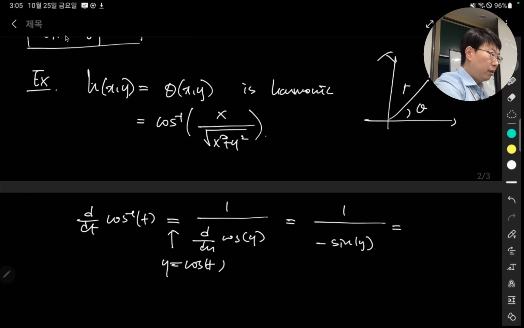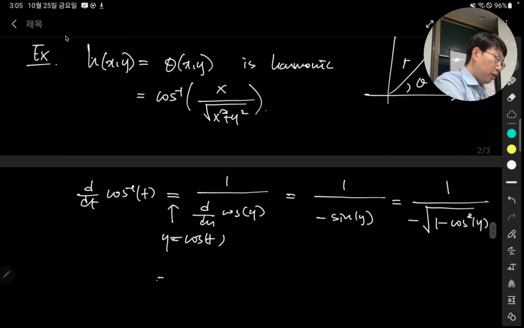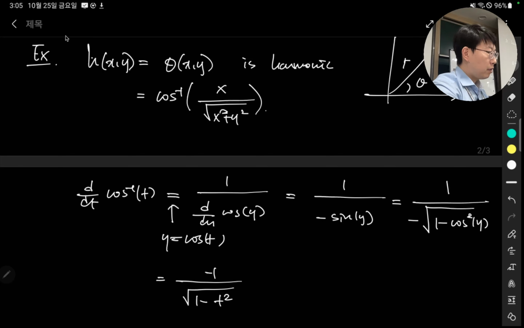Sine can be written as the square root of 1 minus cosine squared y. Therefore it's minus 1 divided by the square root of 1 minus t squared, because cosine y is t, which is how we define the inverse cosine. So that's the derivative of inverse cosine.